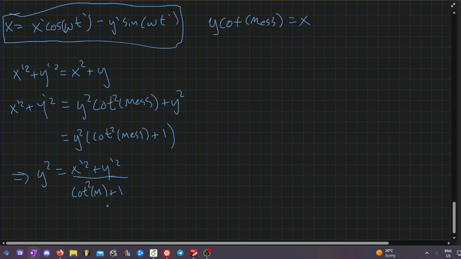But remember, cot squared plus 1 is just CSC squared of the same thing, so let's write it that way. And finally, then we can simplify this.